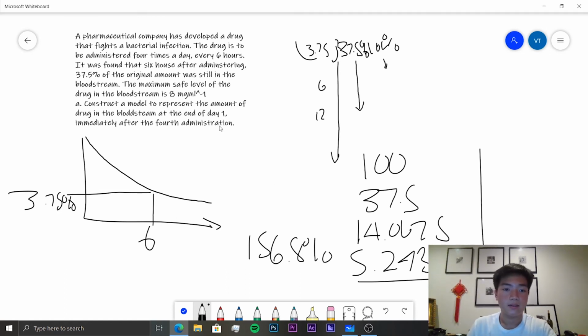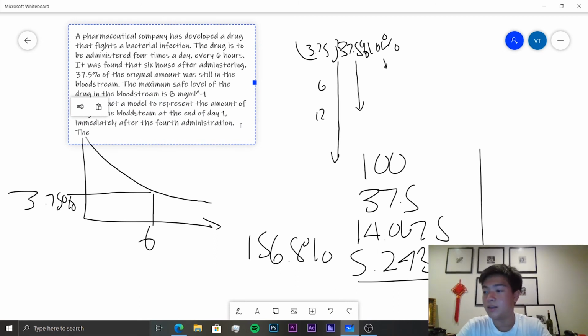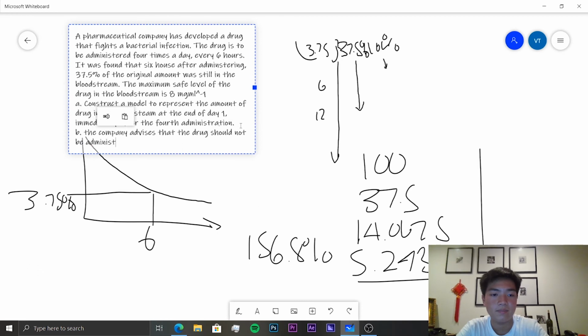Next. The company advises that the drug should not be administered for more than 10 days.